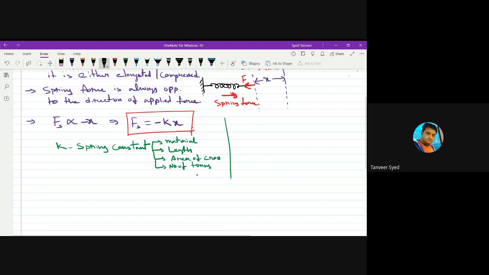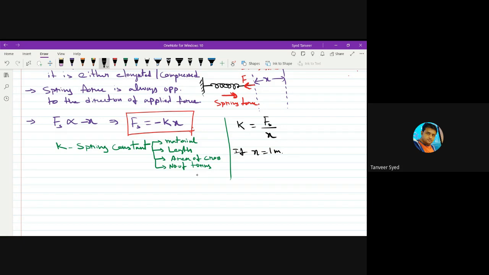K can be written, in magnitude, as spring force by x. If x is equal to 1 meter, what is x? Displacement here means not due to motion of the spring, but due to elongation or compression. x is the elongation or compression.